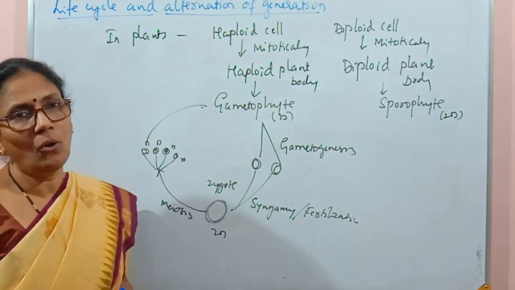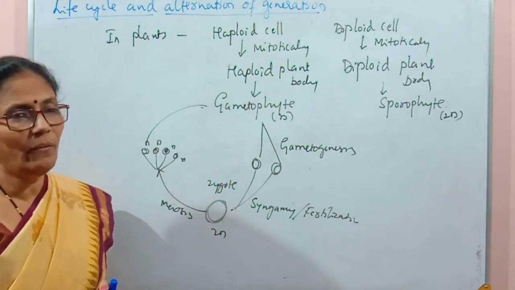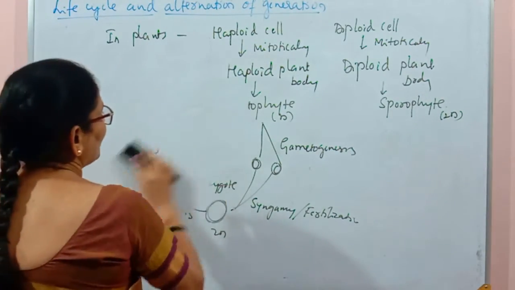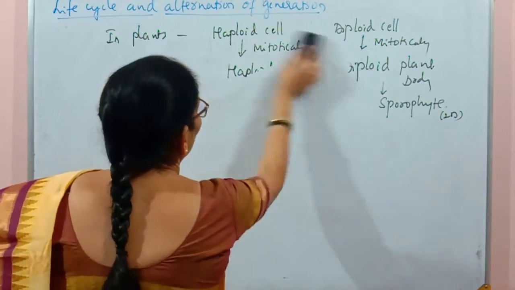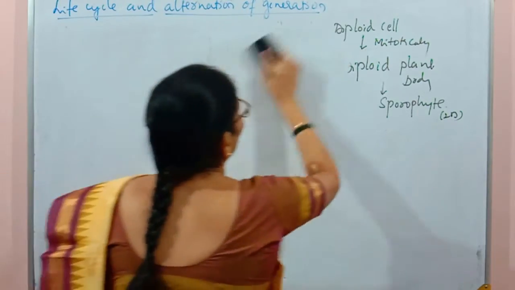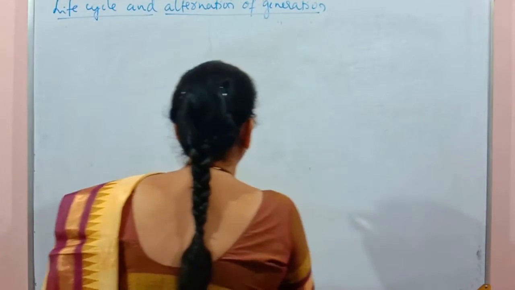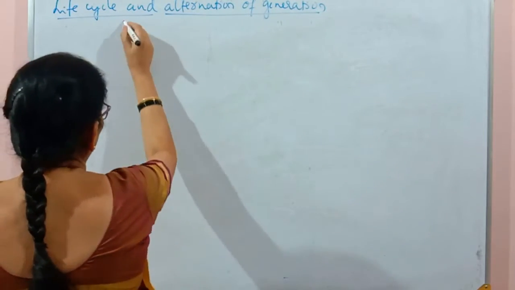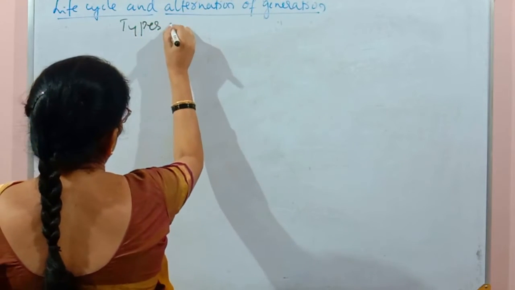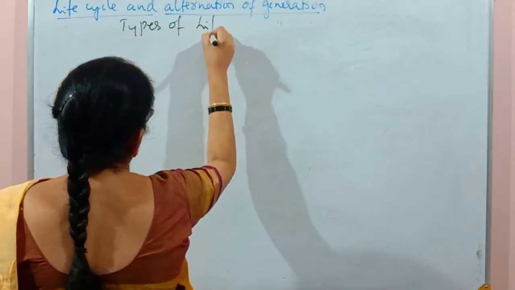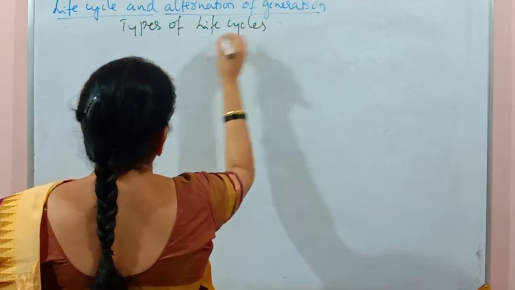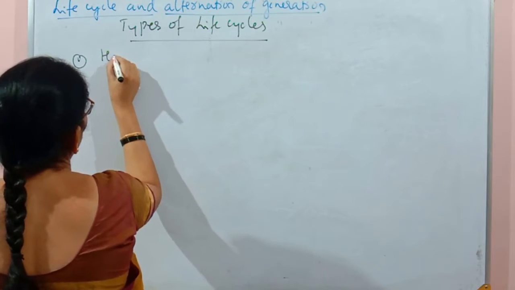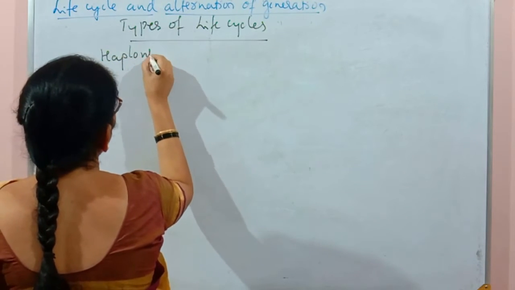In plants, there are 3 types of alternation of generation in their life cycle. We will discuss all those 3 types of life cycles. Types of life cycle. There are 3 life cycles. One is haplontic life cycle.